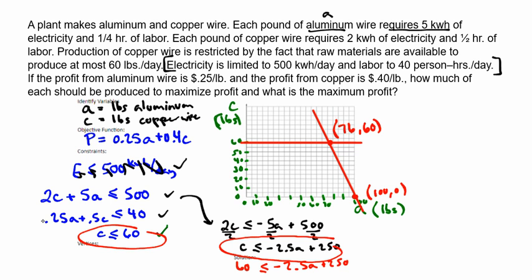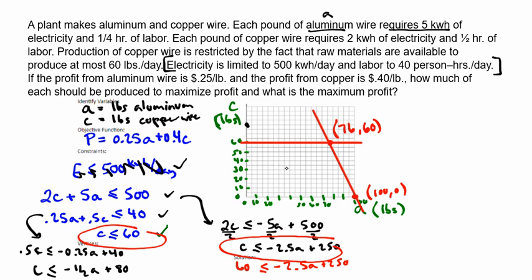And then this one over here, I'm going to solve again. I have to solve for C. So 0.5C is less than or equal to negative 0.25a plus 40, divided by 0.5. I get C is less than or equal to, so a fourth divided by a half is equal to negative 1/2 a plus 80. 70, 80 is right here.